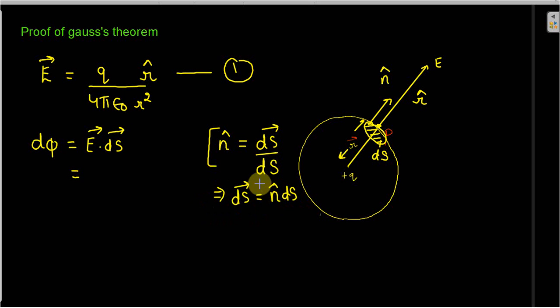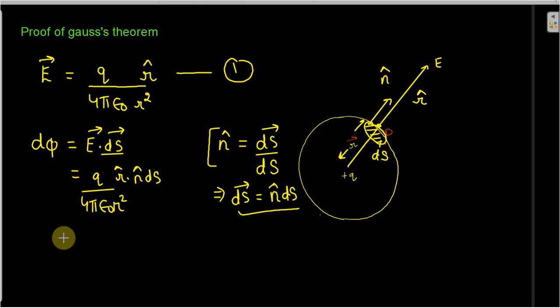Okay, so we will substitute this value of E from 1 and this ds value in this equation. So we will get Q by 4 pi epsilon naught R square, R cap is already here, and ds from here we will take. So the ds value is n cap ds, and here the dot is there, so the dot will also come here.